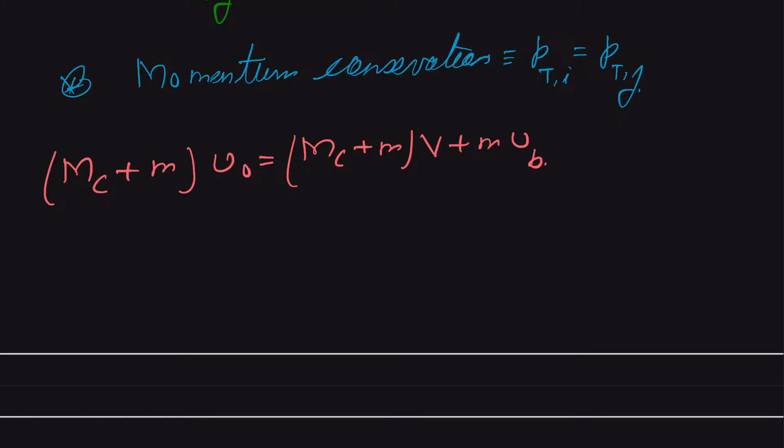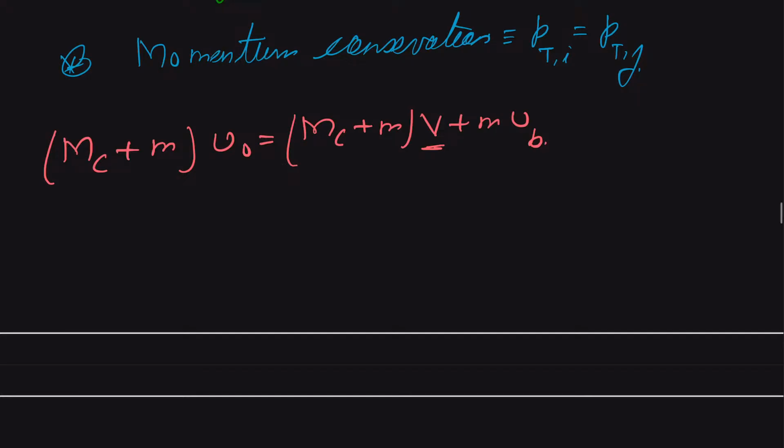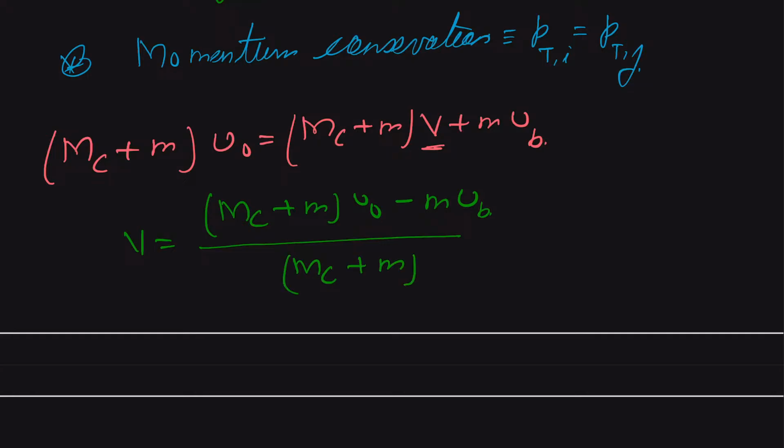So we are going to solve for this capital V, which we are required to find out. We get that V will be equal to (M_C plus m) times V naught minus m times V_B, all over M_C plus m.